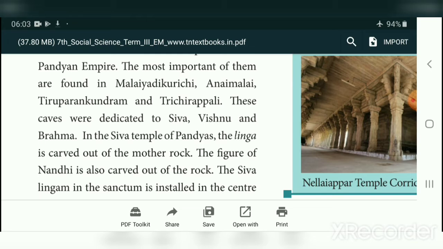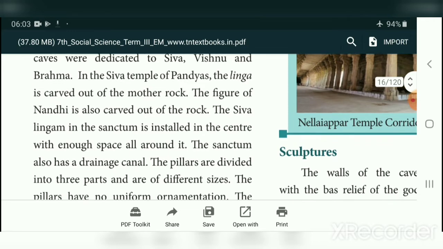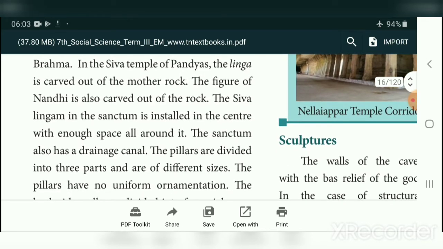The Sivalingam in the sanctum is installed in the center with enough space all around it. In the Garbhagriha, only at the center is the Sivalingam, and there are no other deities around that linga, so enough space is left.